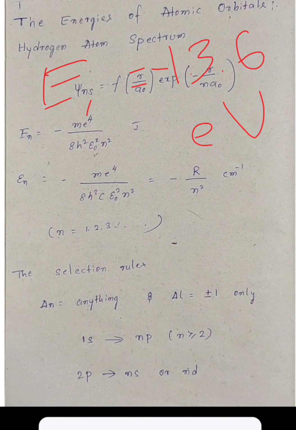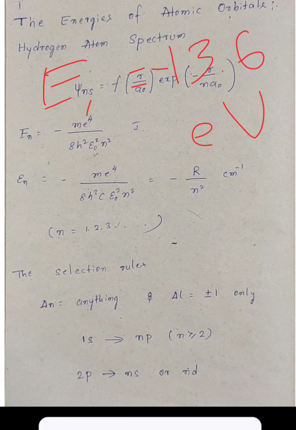The energy is negative, so negative energy indicates the electron is bound to the nucleus. The 13.6 indicates the energy required to remove the electron from the ground state.